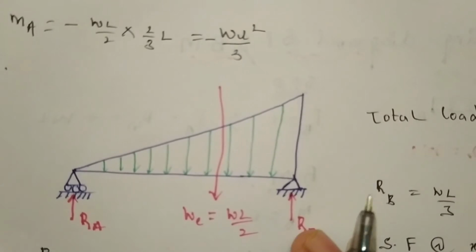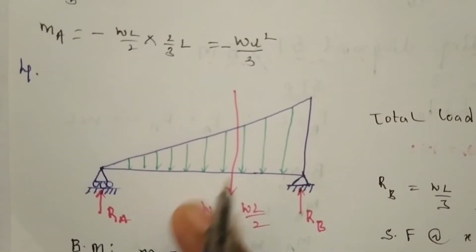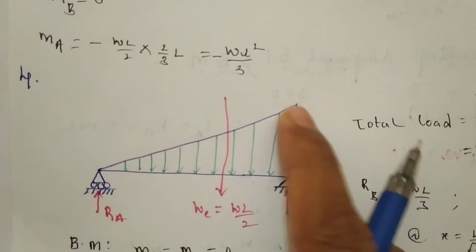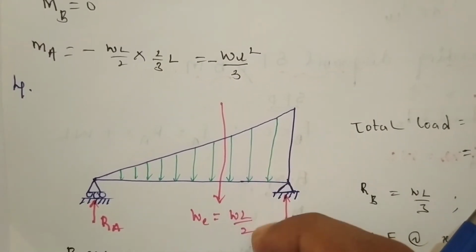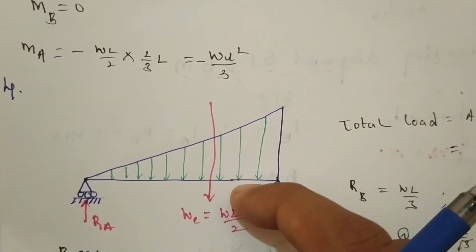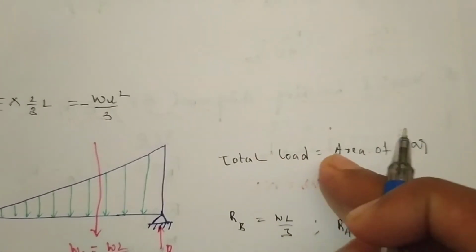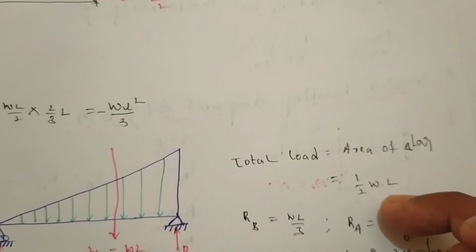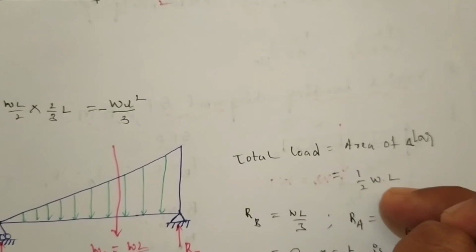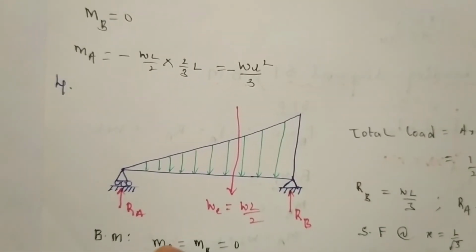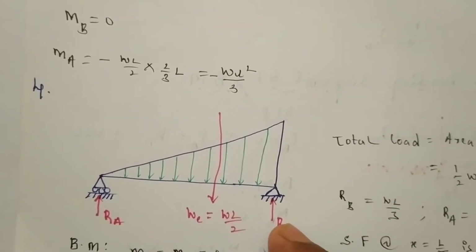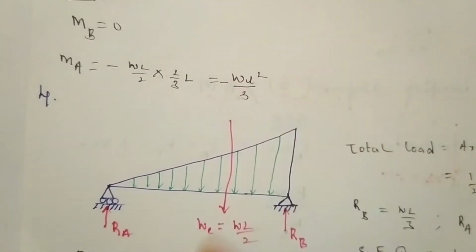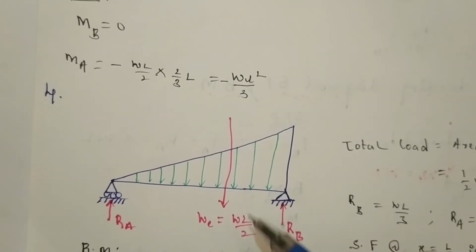Friends, next is a simply supported beam with a uniformly varying load. This is converted into a point load: total load equals the area of the triangle, half into base into height, that is half into WL. First calculate the reactions RA and RB, upward, against WL by 2 downward.